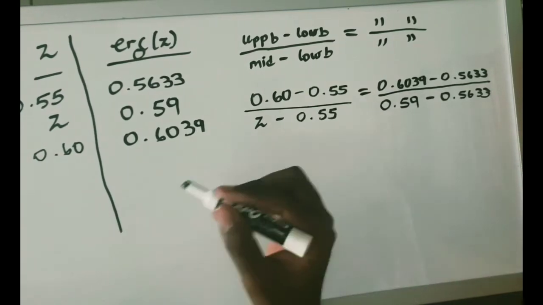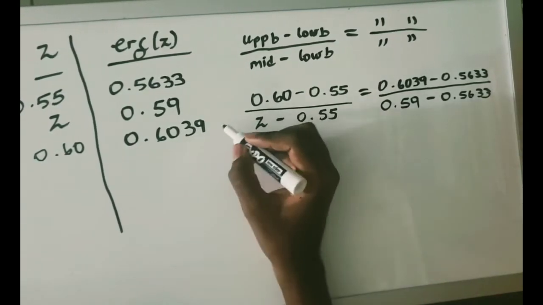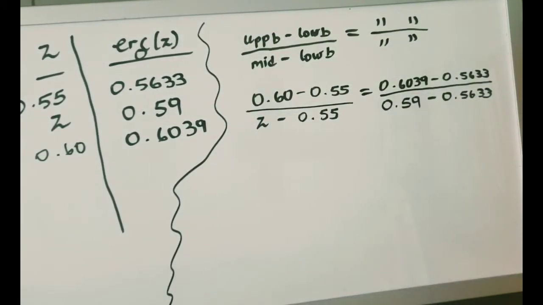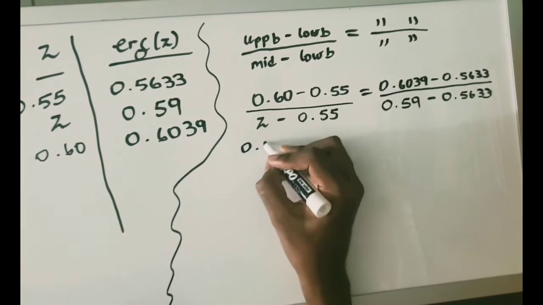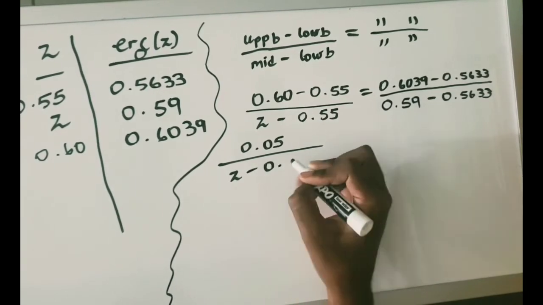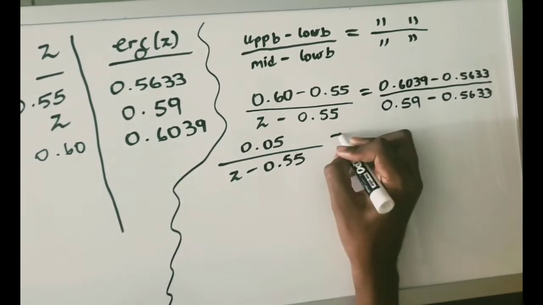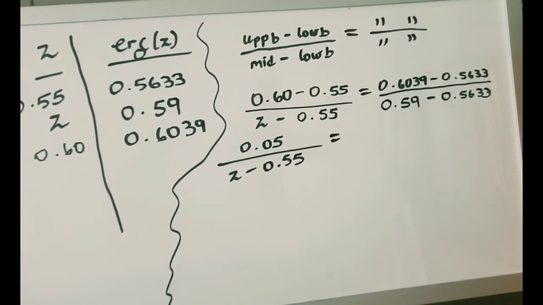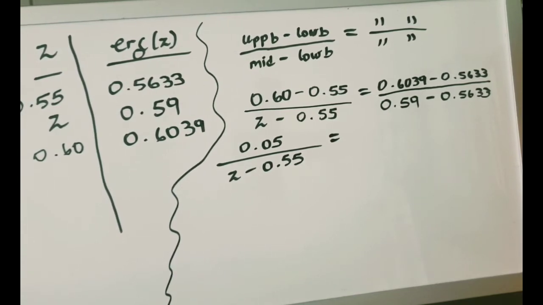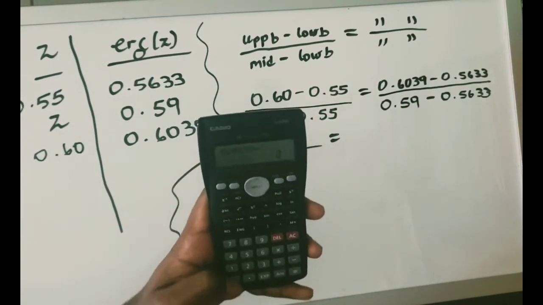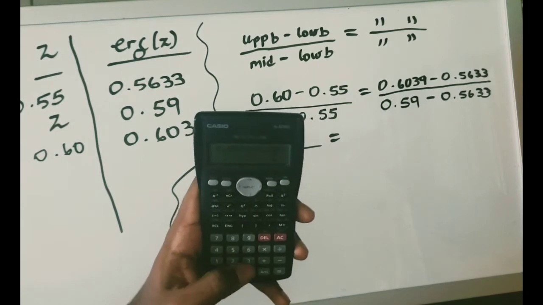Let's work this out now. Just bracket this off. Alright, so 0.05 over z minus 0.55. Let's just calculate what we have on the right hand side quickly. So, my calculator. Okay, 0.6039 minus 0.5633.